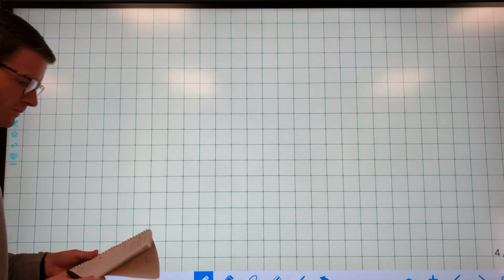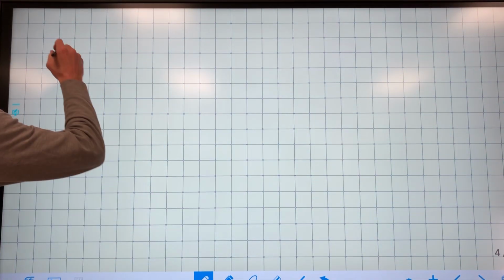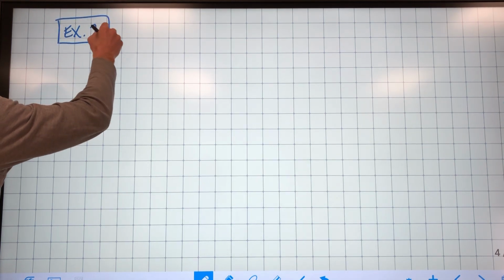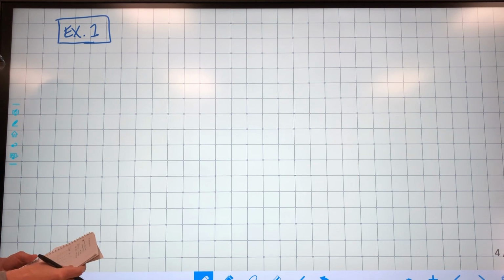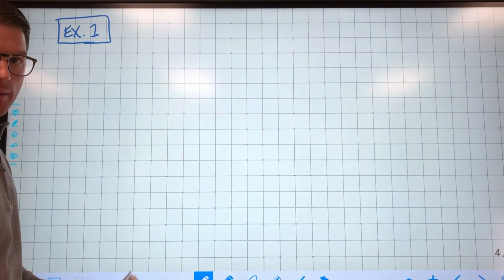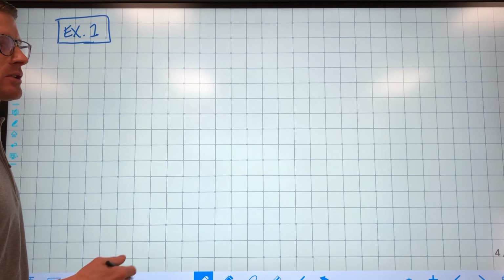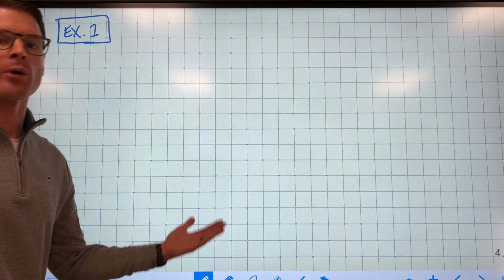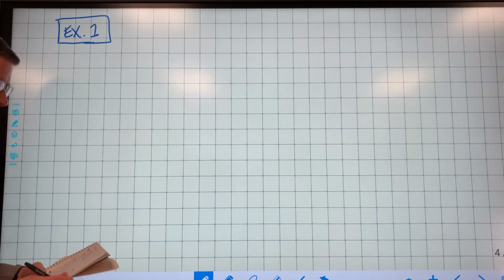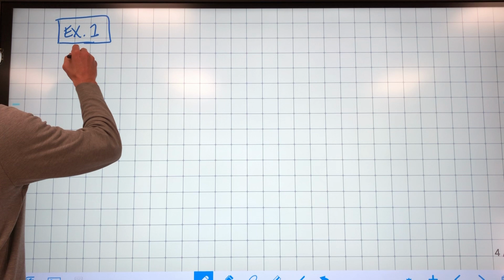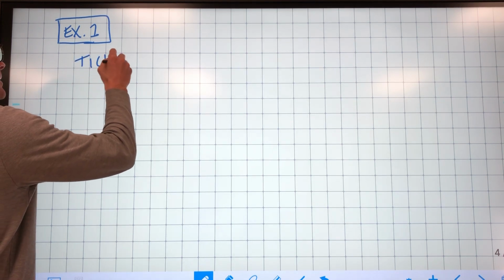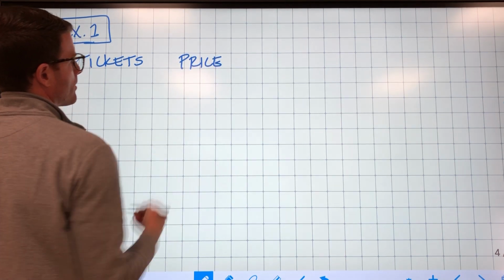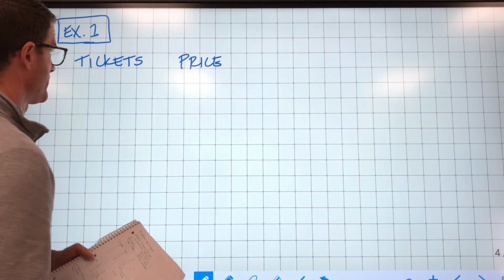All right, so here's the first example. Example number 1. I'm trying to figure out how much it will cost me to buy a certain number of tickets to go to a Capitals game. I only have so much money, and I'm trying to figure out which of my friends are not going to get the invite.